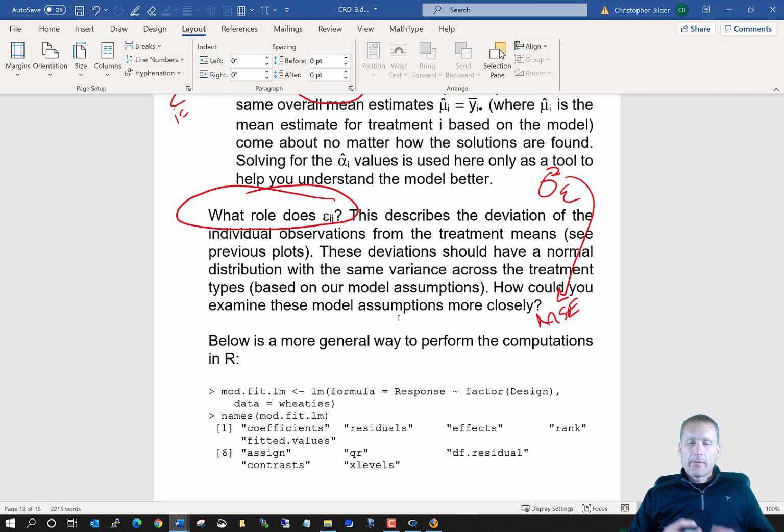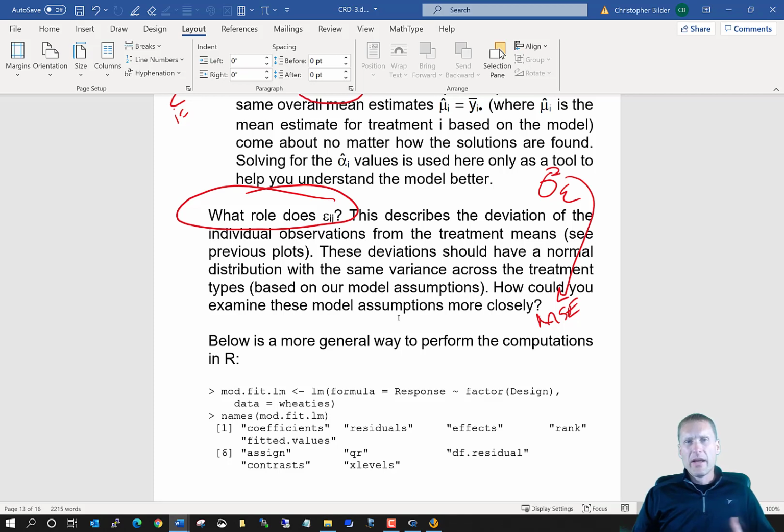Now, epsilon sub ij is assumed to have a normal distribution. And while we're not going to explore it in this particular class, if you took more classes in this area, you would. You should think about, well, maybe we could somehow look at that assumption with our observed data to see if our observed data satisfy what this underlying mathematical assumption is.